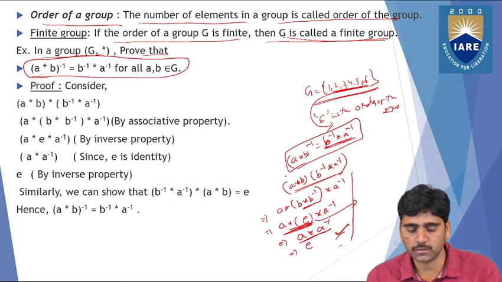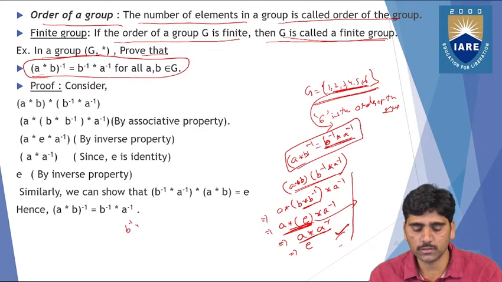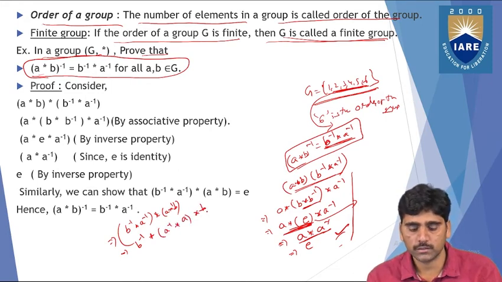So b inverse * a inverse * a * b. We can rewrite it as b inverse * (a inverse * a) * b. From here, a inverse * a equals e, as per the inverse property.